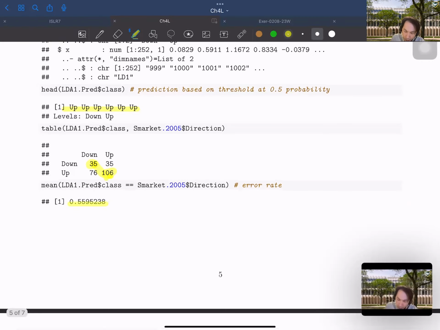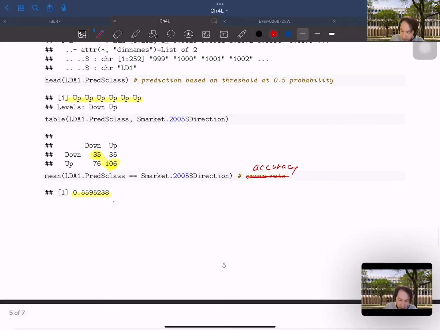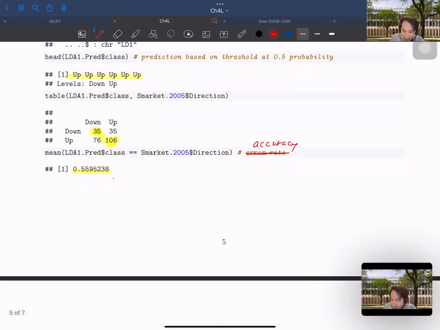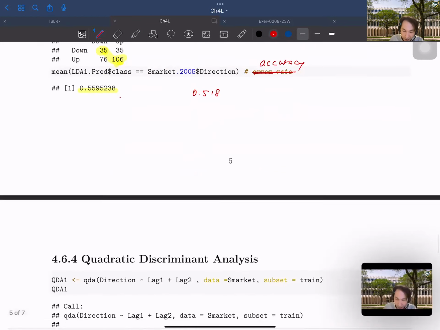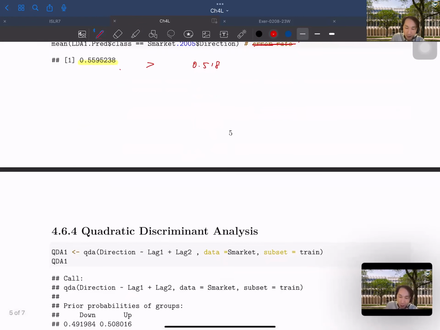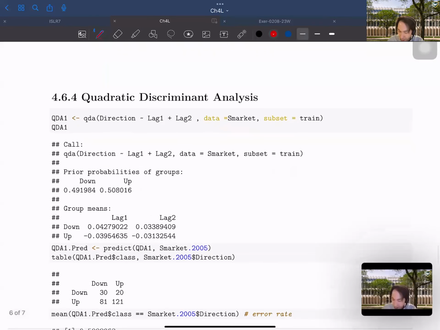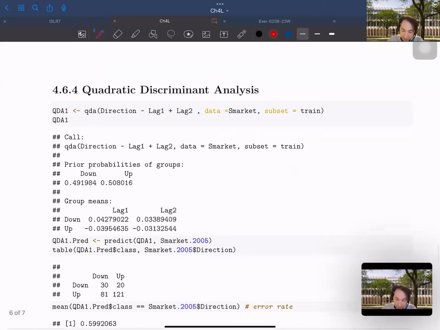Sorry, this is not really error rate, this is accuracy. The accuracy is actually 56%, so it's much better than the baseline of 51.8%. So we are hopeful that this model can predict the stock market better.